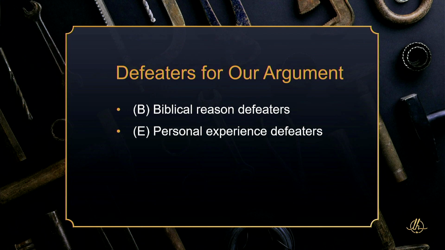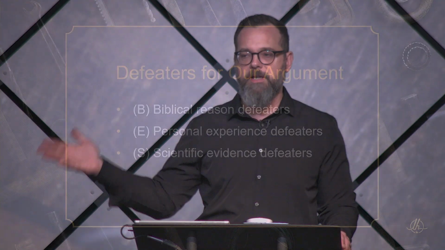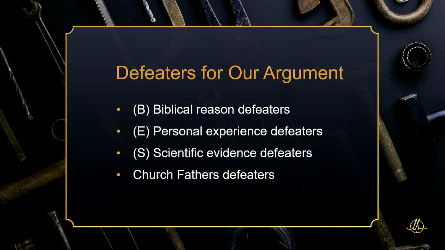Okay? E: if we can find a way to defeat the personal experience, then our case fails. S: if we can defeat S, our case fails. Like, if there is actually some scientific test that can detect Christ in the bread, then yeah, that would defeat us. And then there's church father defeaters.